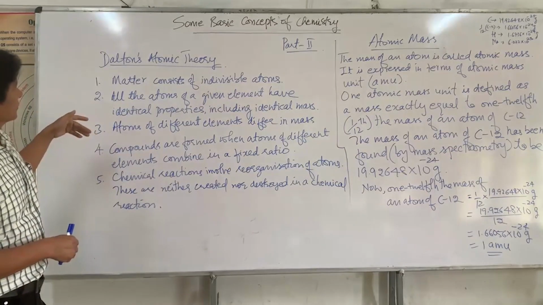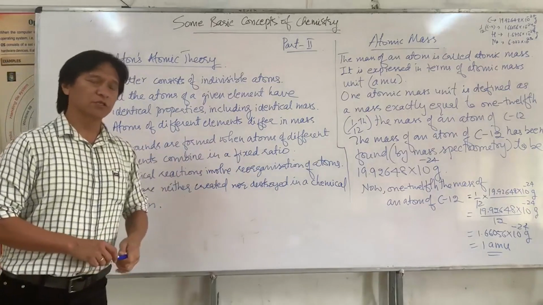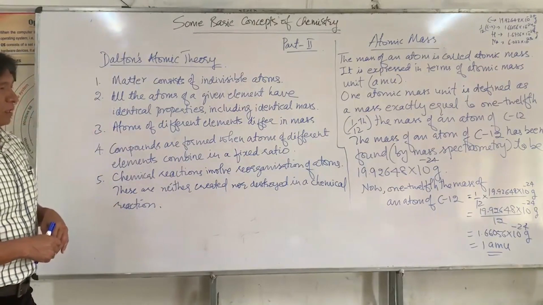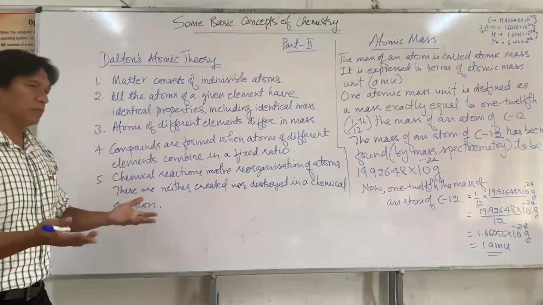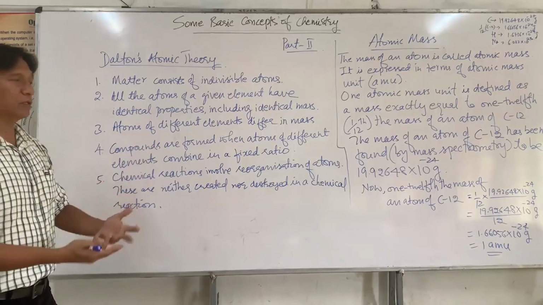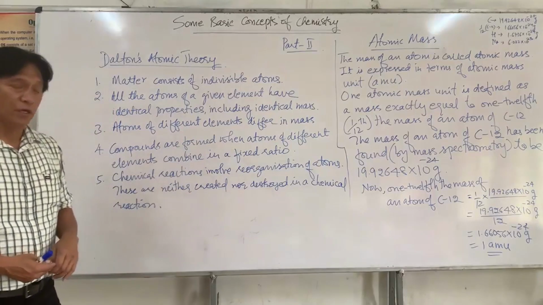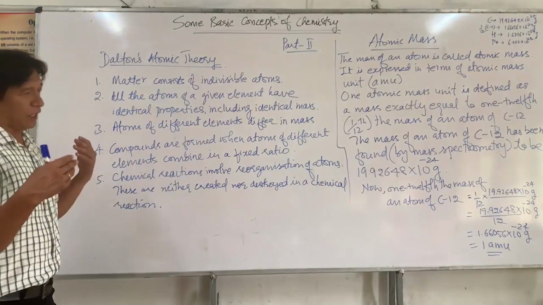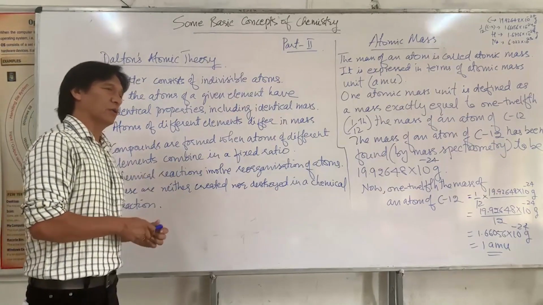Now, the third point here says atoms of different elements differ in mass. This is to say that different elements have their own atoms, and these atoms of different elements differ in mass. And again, this also has its limitations because today it is known that atoms of different elements do have the same mass.